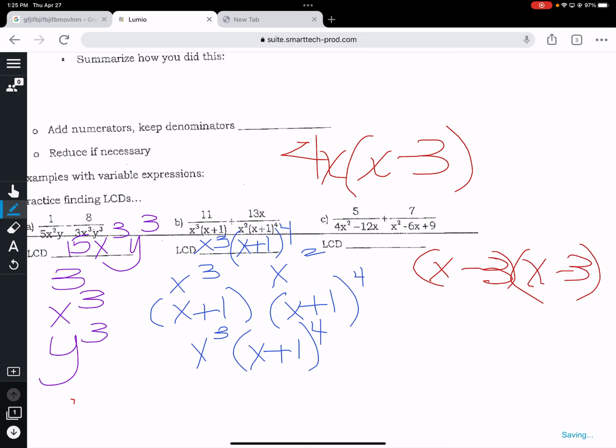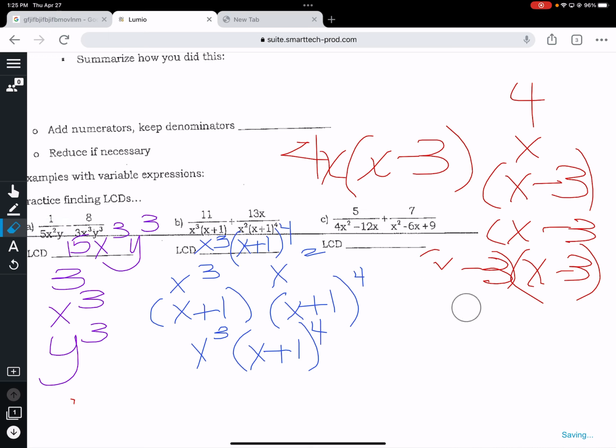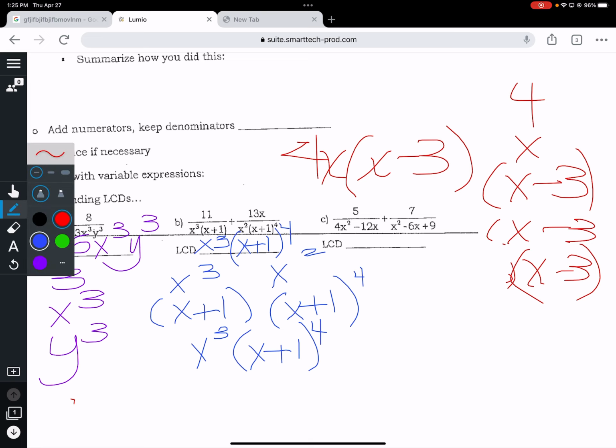All right, so when you list each factor, you have a 4, an x, an x minus 3, an x minus 3, and an x minus 3. We have several of those. So when you list all of the factors, what do they share?